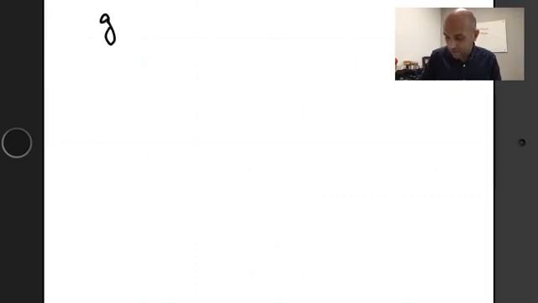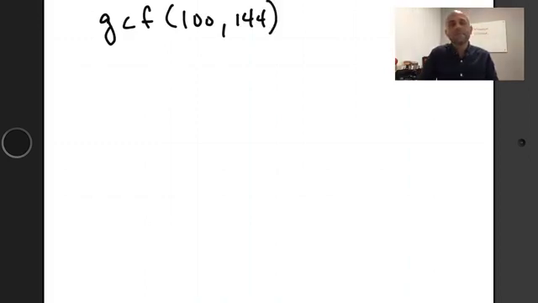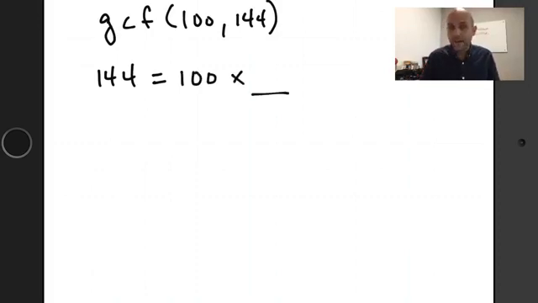So GCF of 100 and 144. Okay. So remember, I'm going to take the larger of the two numbers, which is 144. And I'm going to set that equal to the smaller of the two times a number that I need to find, plus another number that I need to find, which you can think of as being the remainder.